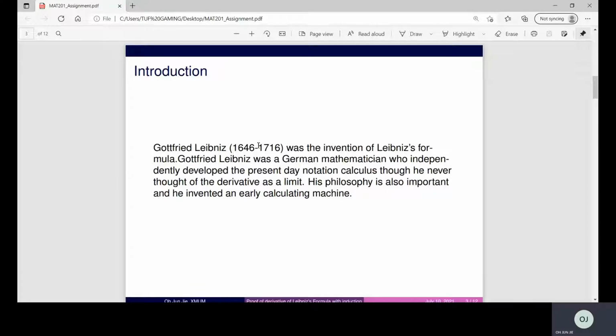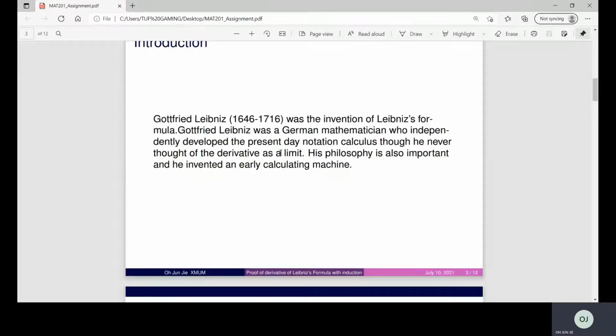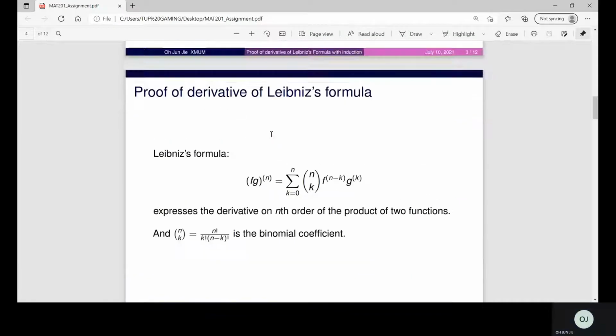Before we talk about the proof, let us see the formula first. This is the Leibniz formula.